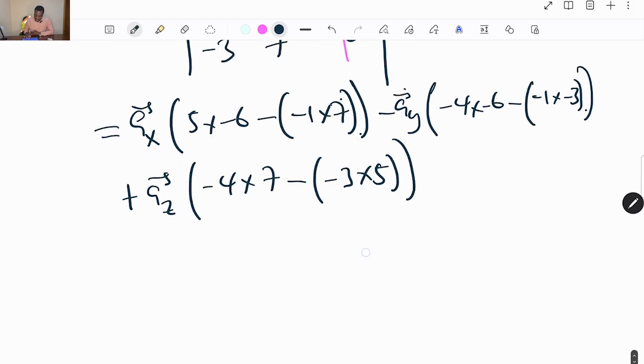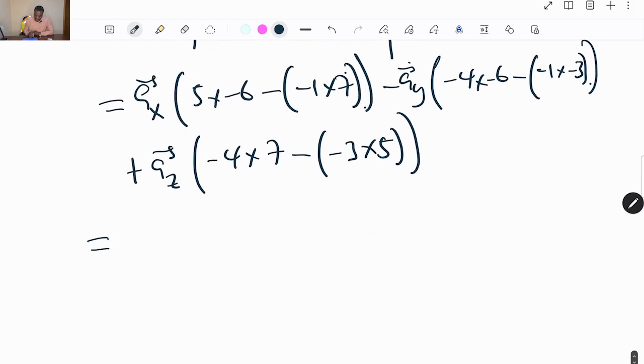Now let's simplify this. 5 times -6 gives -30. Then minus (-1 times 7), which is -7, so minus becomes plus: -30 plus 7, that will be -23.